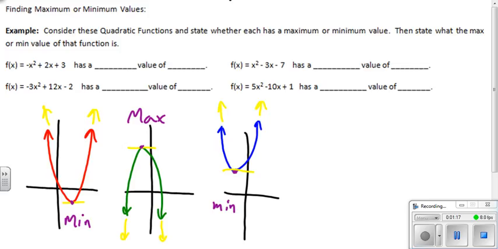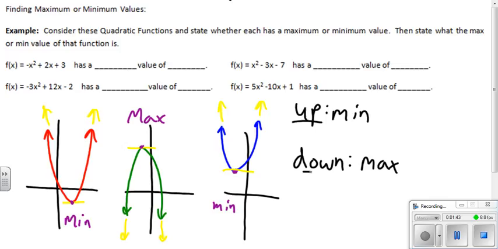So judging from our examples here, we would say that any time that a parabola opens up, like our red and our blue one, they have a minimum value. And anytime it opens down, like our green one, it has a maximum value. Now that's very helpful for us because we know when they open up and down.